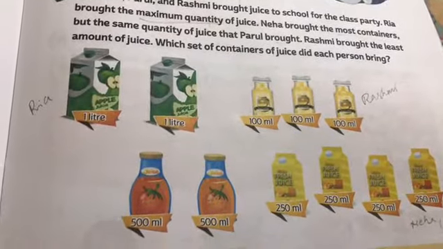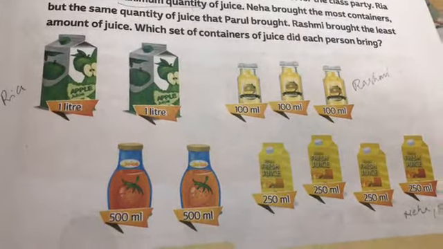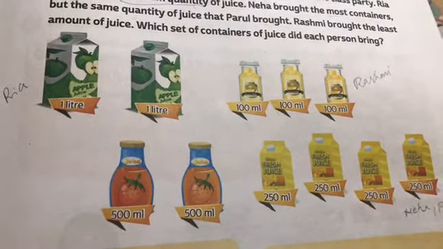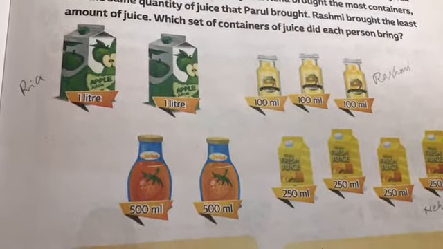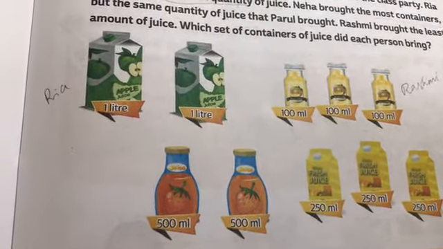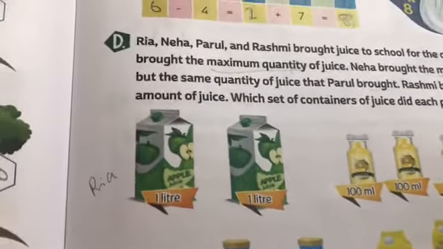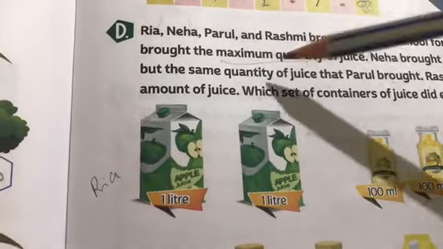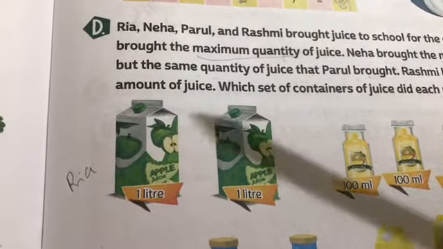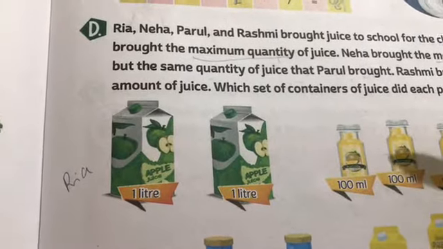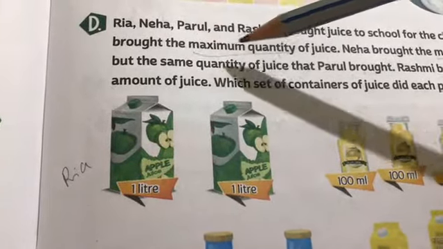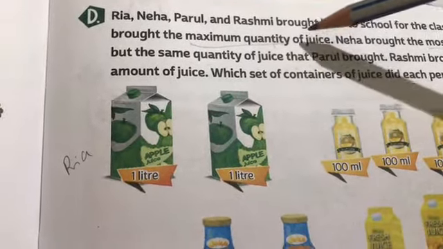Few sets of containers that contain juice, and we have to find out which container each student purchased. They have given some clues. Ria brought the maximum quantity of juice. Firstly, we will go through Ria. Here it is mentioned Ria purchased the maximum quantity of juice.